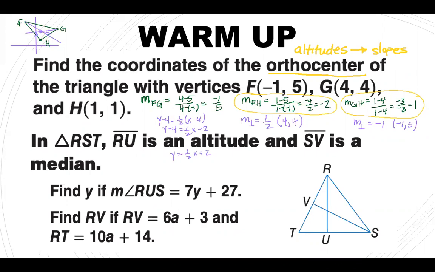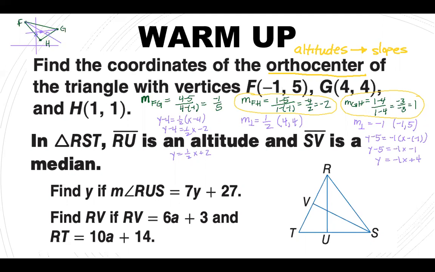Does everybody agree with me and see that? All right. So then with this one over here, I'm going to have y minus 5 is equal to -1 times x minus a -1, which is y minus 5 is equal to -1x minus 1, because this is plus and then negative, so minus 1. So then y is equal to -1x plus 4.